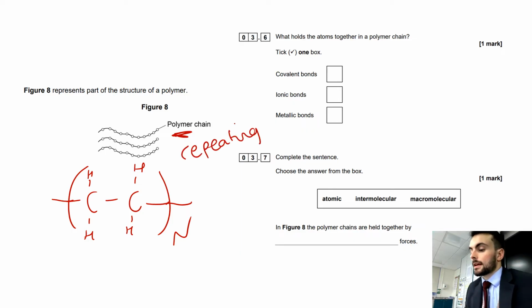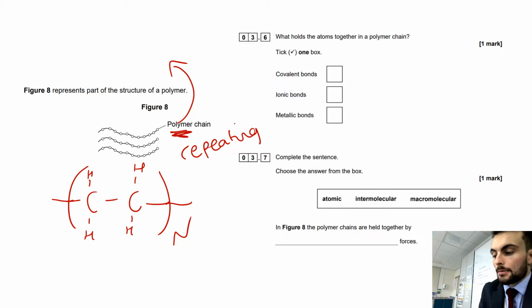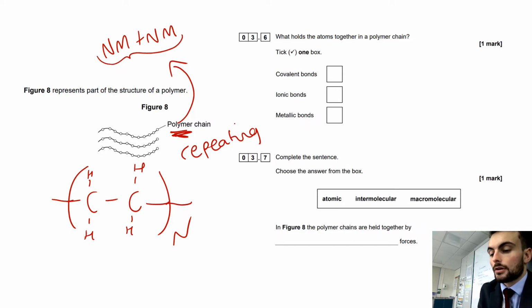What holds the atoms together in a polymer chain? 99.9% of polymers are made out of purely non-metals. And you're still thinking about bonding. Which bonding is only when you've got non-metals only? It is covalent. So it's covalent bonds.